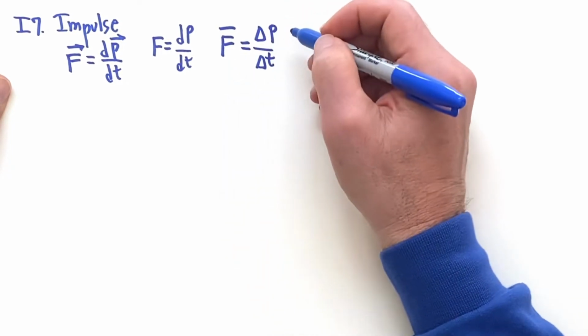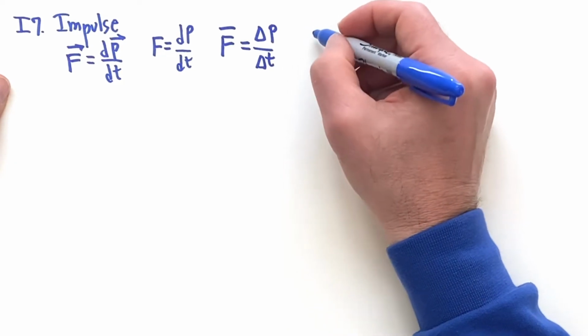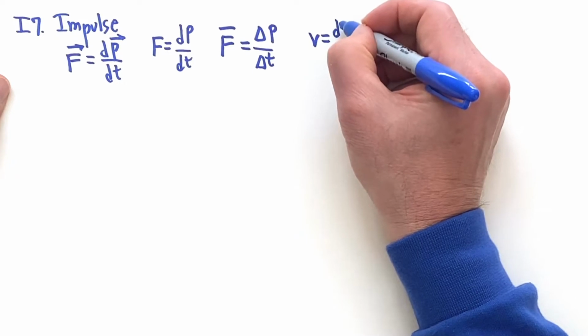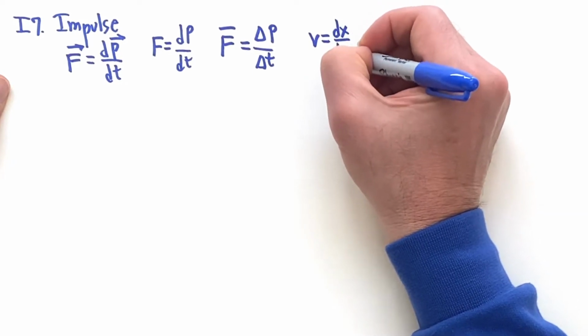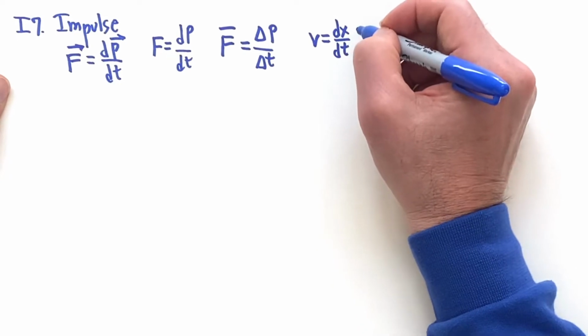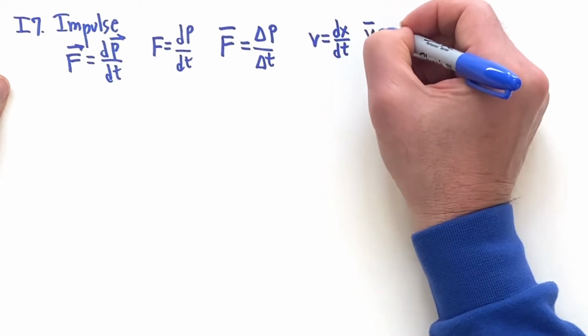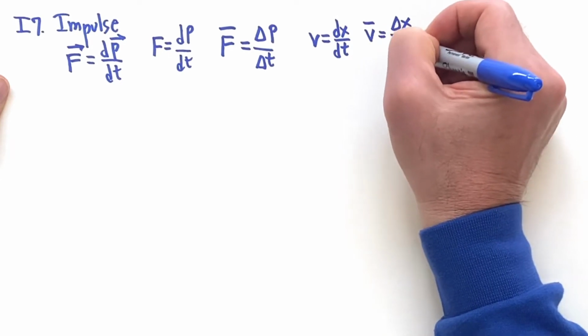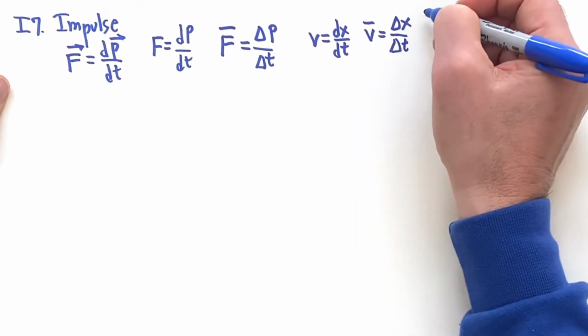The concept of average, like with velocity: your velocity is, say, dx dt, your instantaneous velocity. But if I'm driving in a car and I go a distance delta x over delta t, I get some average.